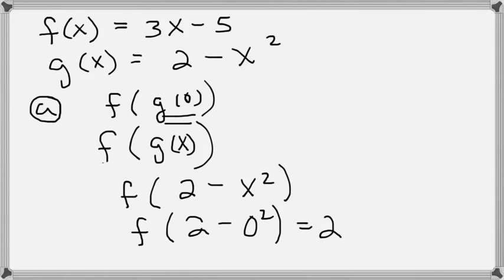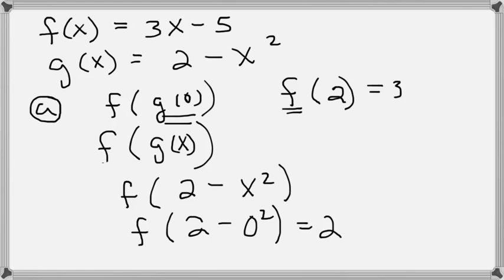So in this case, f of g of 0 is the exact same thing as f of 2. And so what you want to do now is take that and go back and get your function for f. Now that you know that g of x, f of g of 0 is 2.